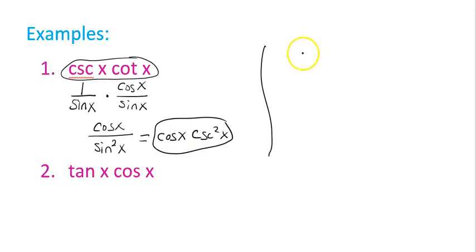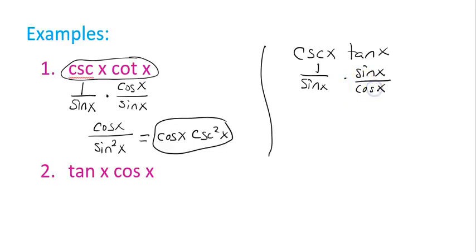What I meant to do was cosecant times tangent, because in that case, when I change cosecant into 1 over sine and tangent into sine over cosine, what can I do? I can cancel out. These sines are diagonal from each other, and just like when I was multiplying fractions with polynomials, I can cancel diagonally.